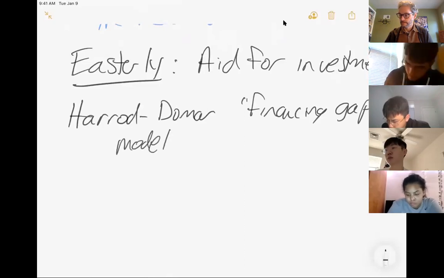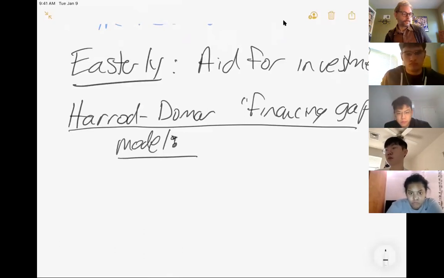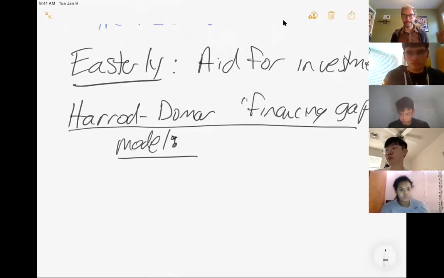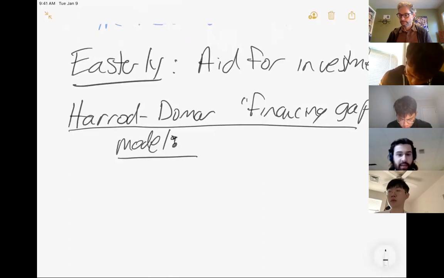Anybody want to explain for me or summarize what were some of the important insights or claims of the Harrod-Domar financing gap model? That there's a direct relationship between growth in GDP and the rate of investment. And so you have to have financial aid because poor countries don't have enough investment themselves, so they have to get aid from other countries to fill this investment gap.